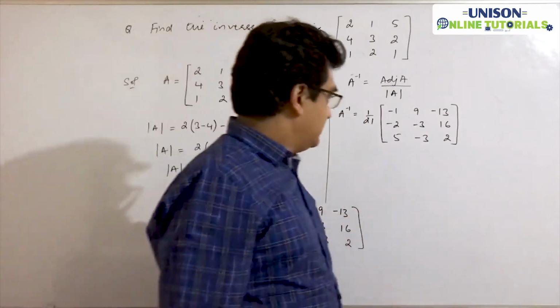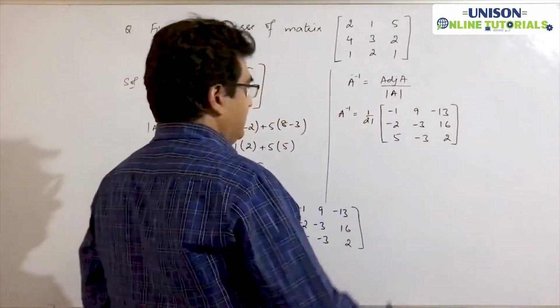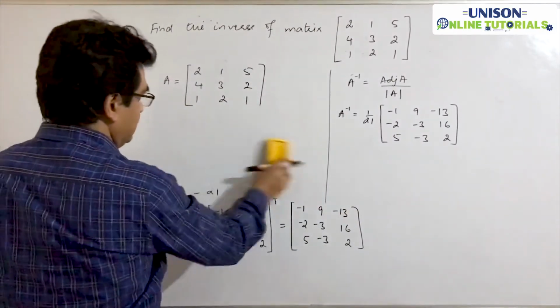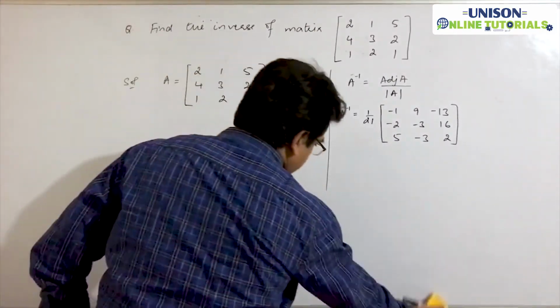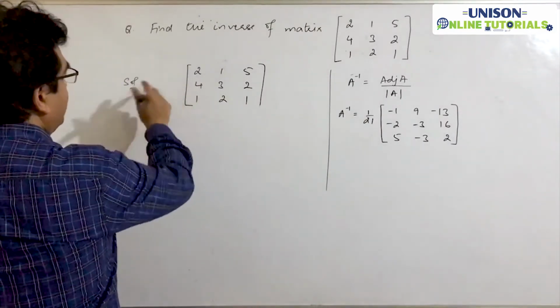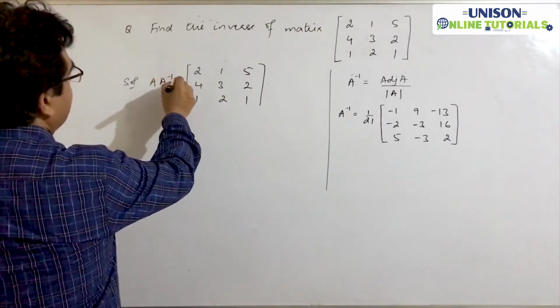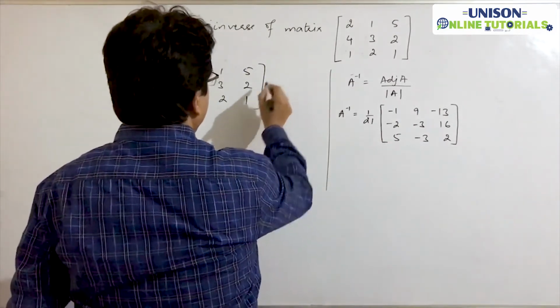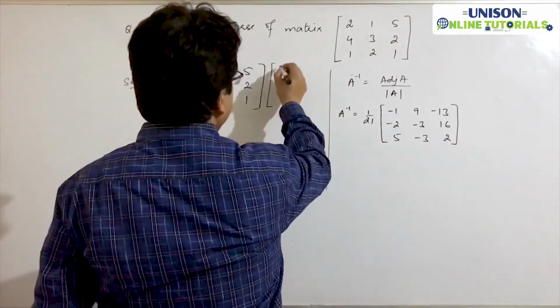Now let's do one thing. Let's find A into A inverse. A आपके पास ये वाला मैट्रिक्स है, इनवर्स हमने फाइंड आउट किया है, इसको हम इससे मल्टीप्लाई करते हैं.